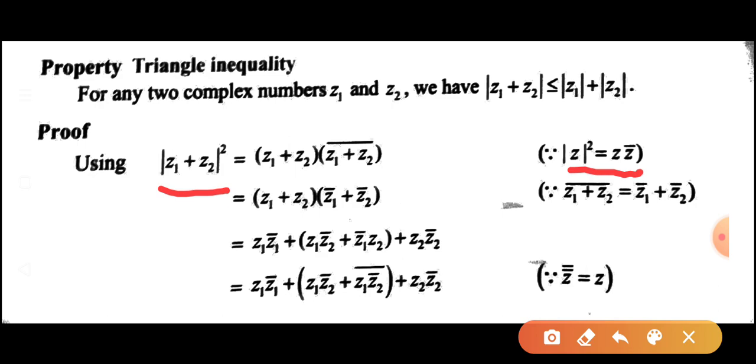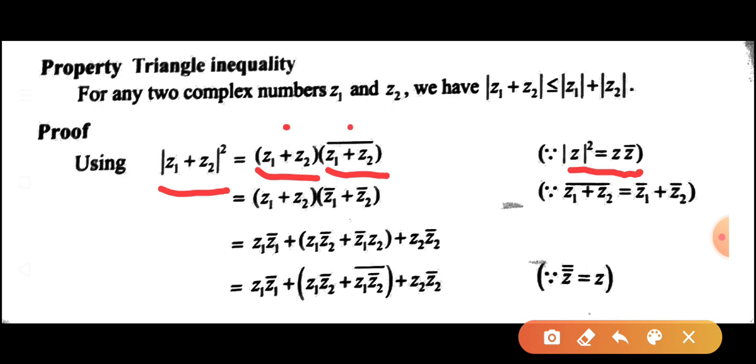Now we are going to write z into z bar. Here z means z1 plus z2, and z bar is z1 plus z2 whole bar. Modulus z square equals z into z bar.